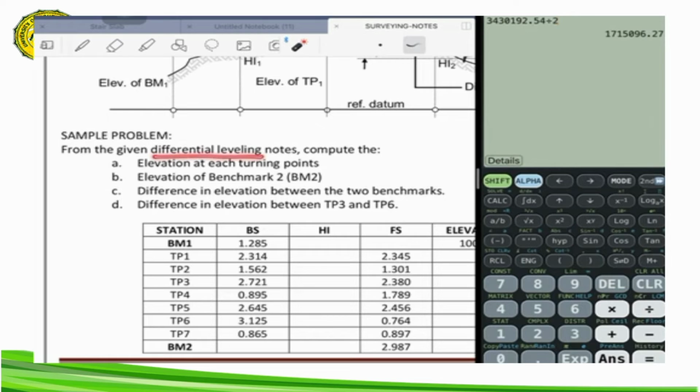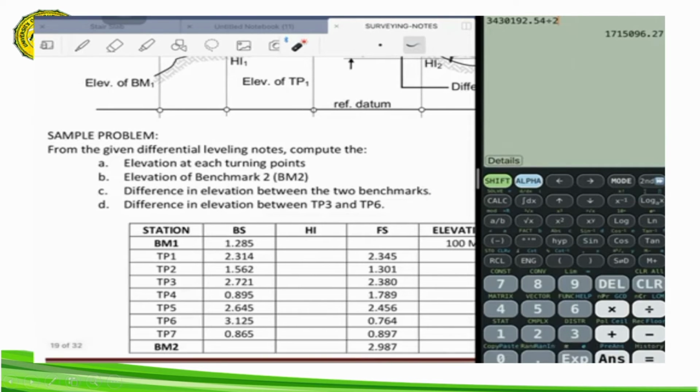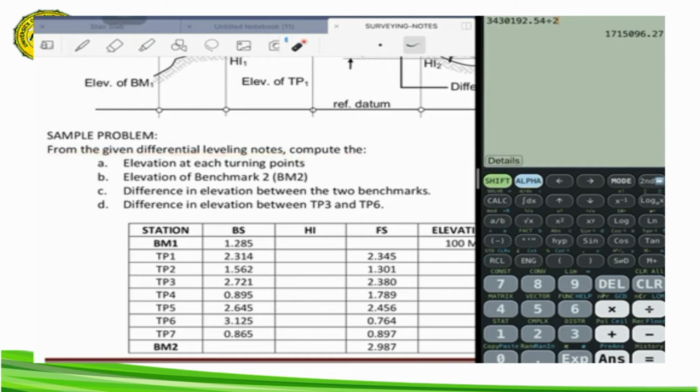So, you know already what differential leveling is. Please read and understand the notes I already gave you. Solve here the sample problem for differential leveling. From the given differential leveling notes, compute the elevation at each point.